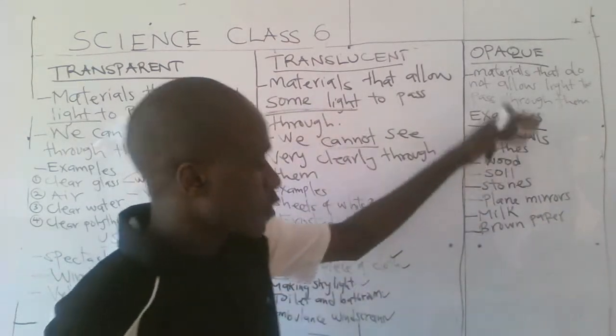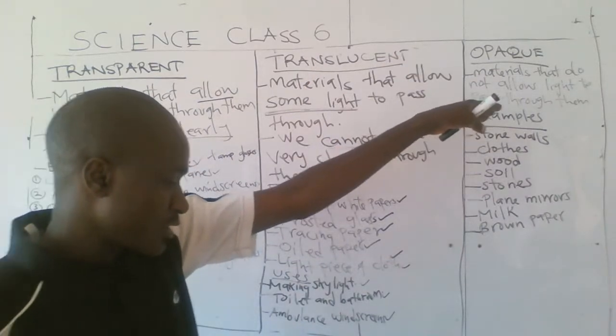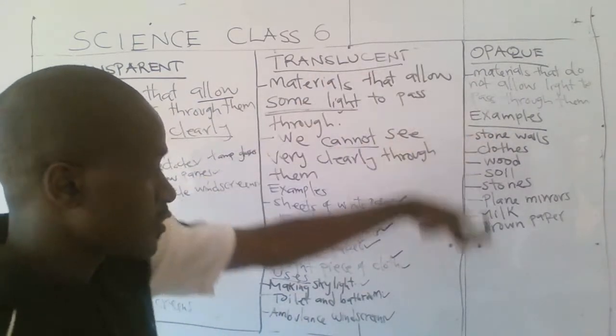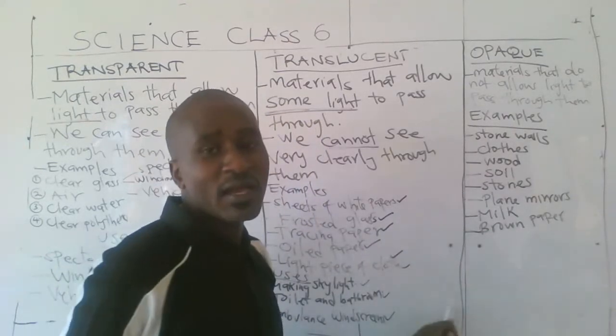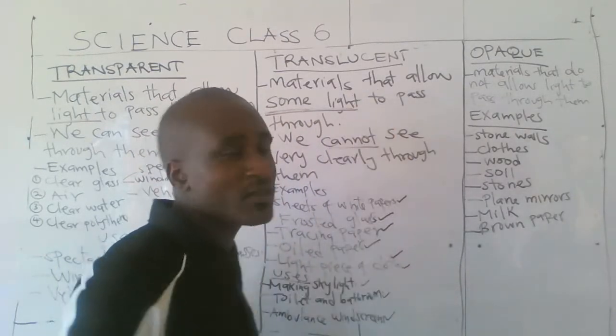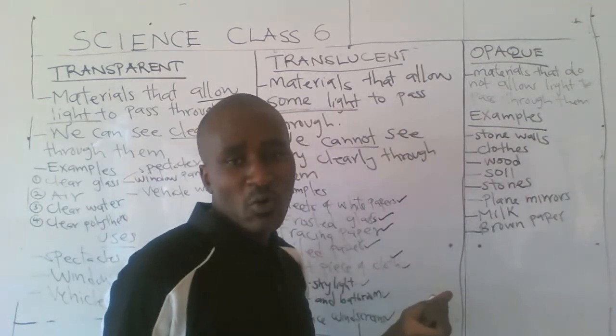Now let's see stones. These are stones which we use to build our houses, like stone walls. When you talk of stone walls, like this room here, this wall, I can't see the person on the other side of the room. That is why this one is opaque.